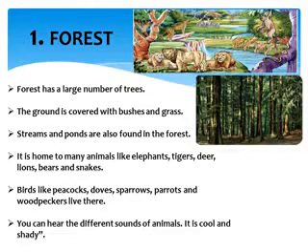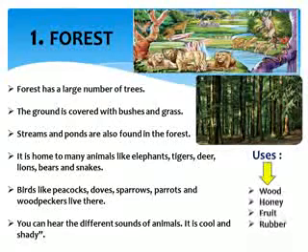So from this forest, what do we get? Animals are there, birds are there, ponds are there, and many grasses and bushes are all there. But what are the uses? What do we get?